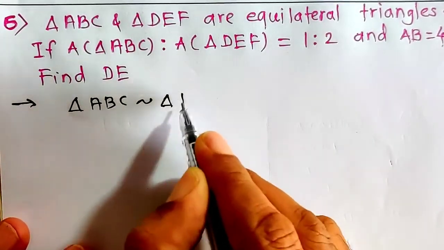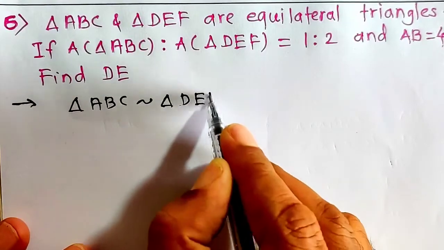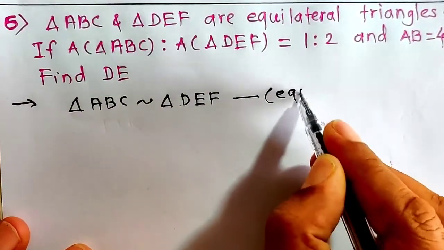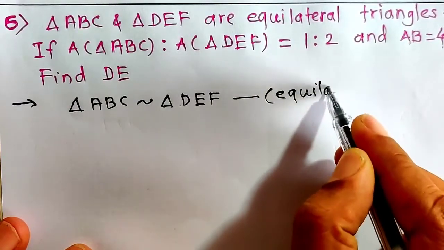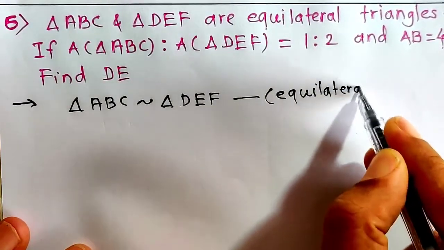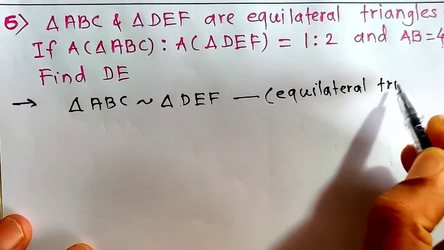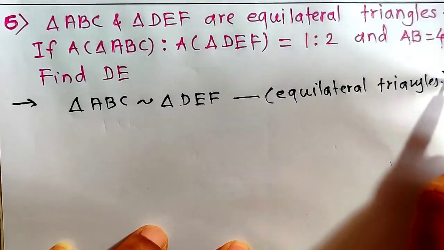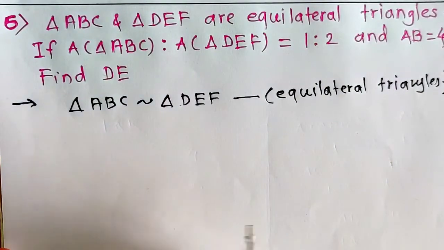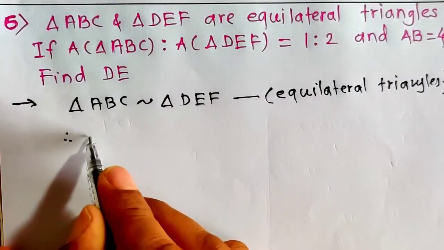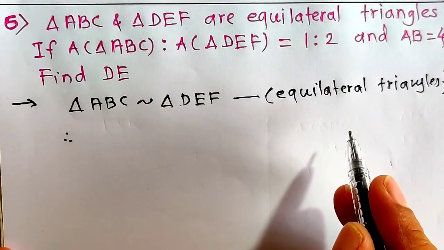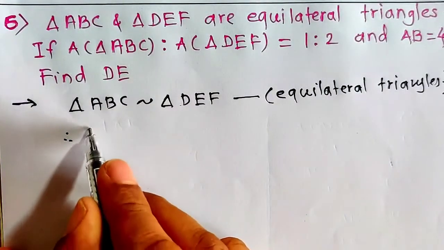similar to triangle DEF. Reason? Because both are equilateral triangles. Equilateral triangles are always similar. Now you know, when two triangles are similar, by the theorem of areas of similar triangles, what can we write?